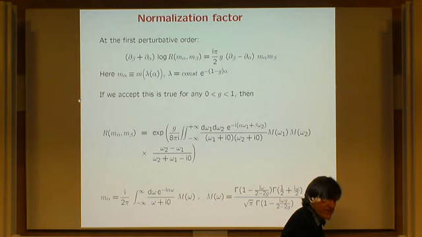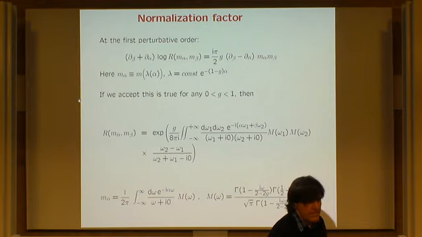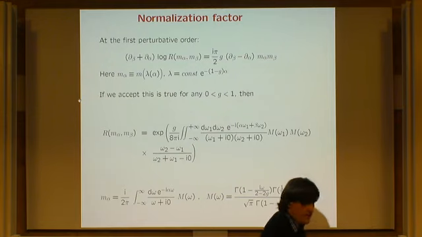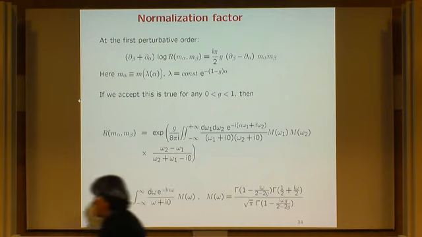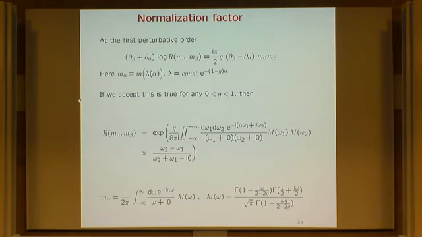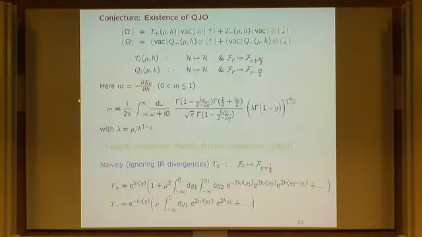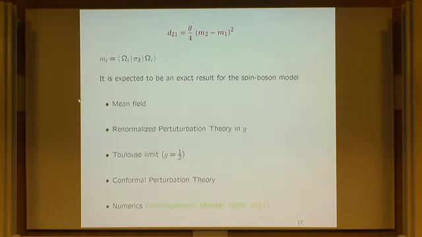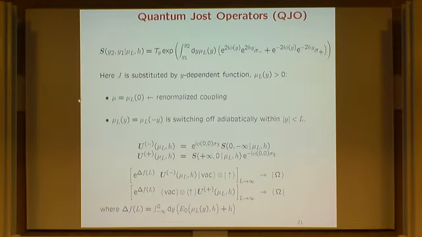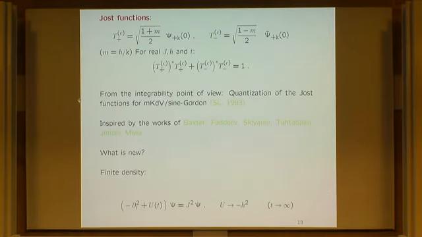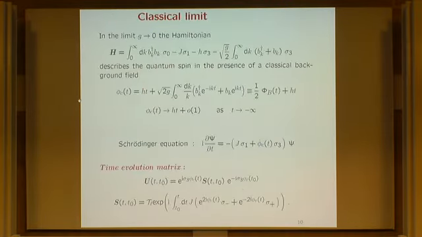If you formulate it in terms of bosons, you have the sigma 3 part, but also the sigma 1 part, right? And you want to do the perturbation in terms of J, sigma 1, yes.